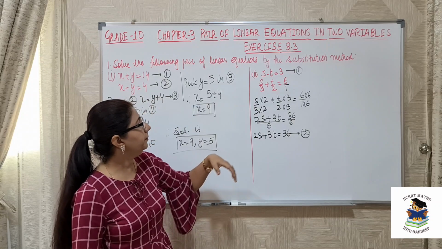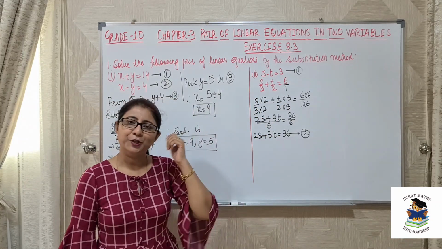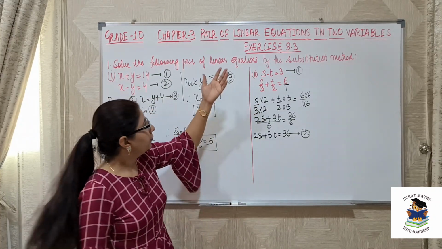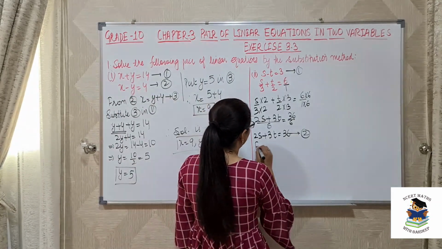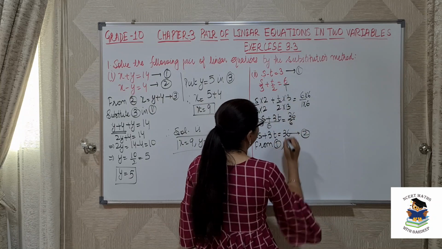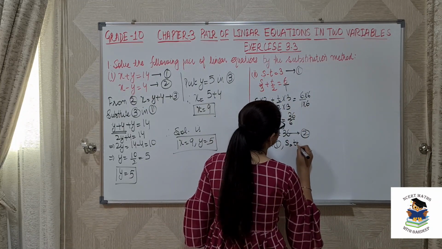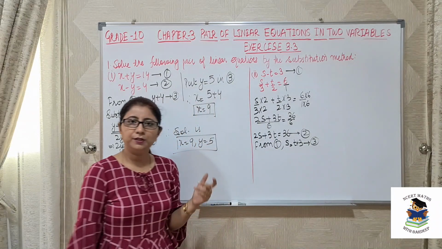Now, as I have already mentioned, here coefficients are 1, here 2 and 3. So the minimum 1 is in this equation. So I will use the first equation to find the value of one variable. So I write from 1, let s be on this side, minus t will go to the other side. So this is t plus 3 and let this equation be number 3.